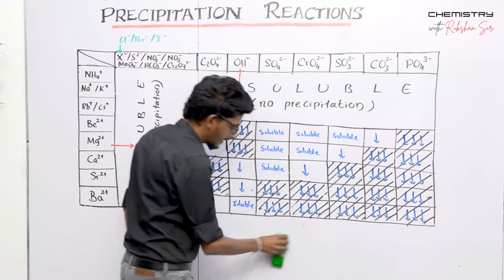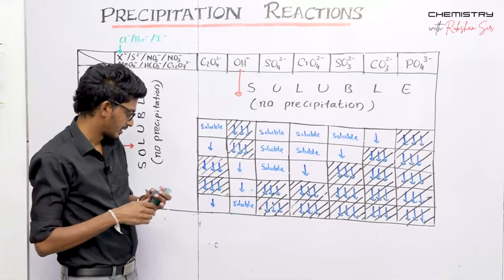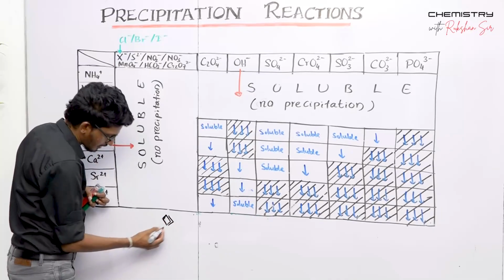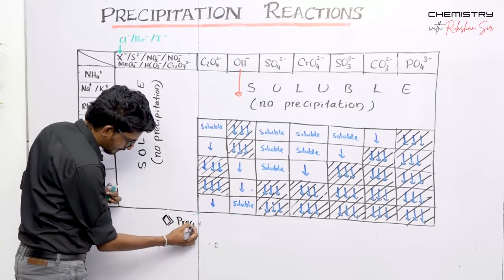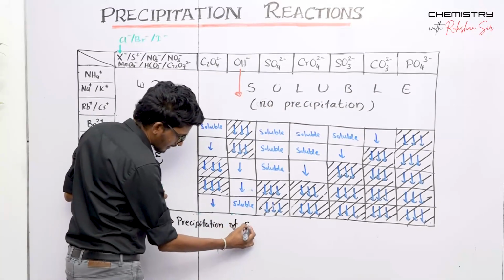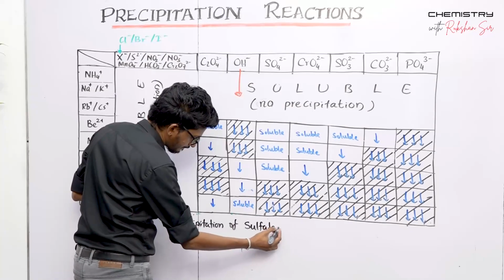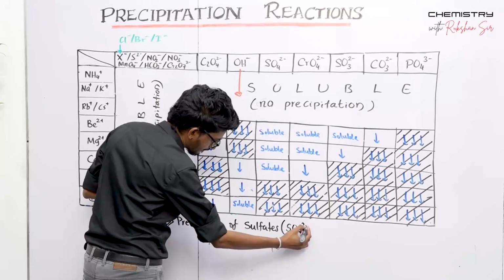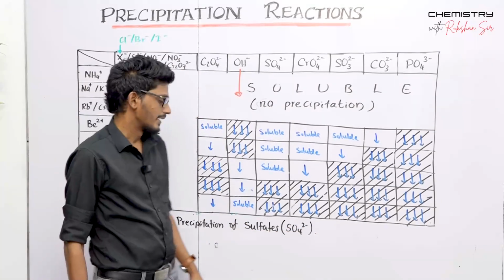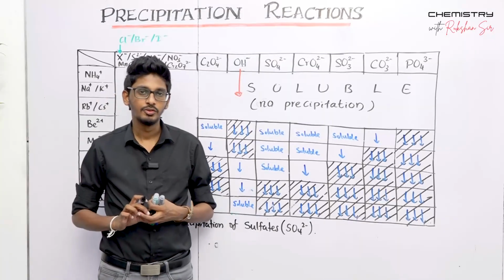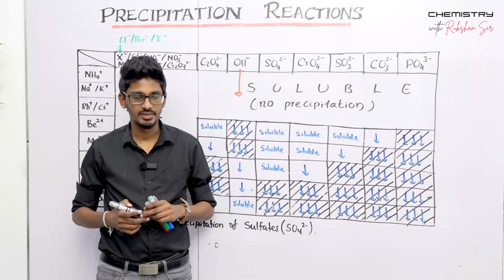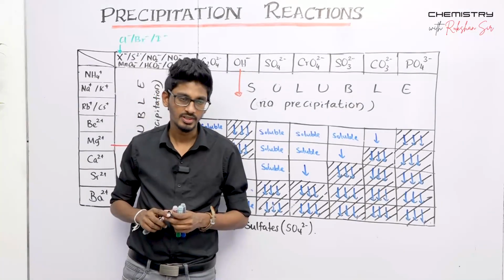What you should know about sulfate precipitation is that, in our A-level syllabus, only 3 cations are capable of forming sulfate precipitates. Only 3 cations are capable of forming sulfate precipitates.